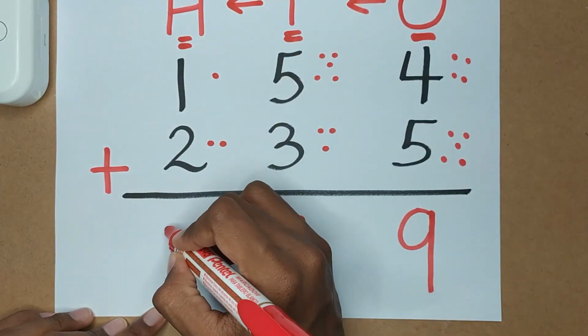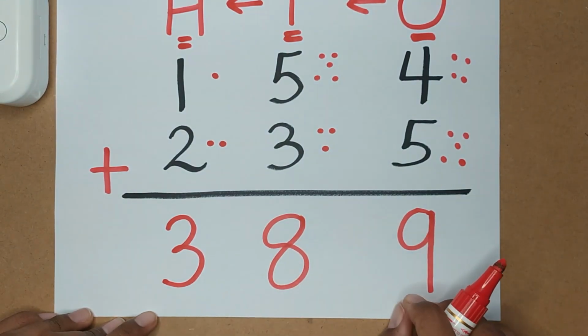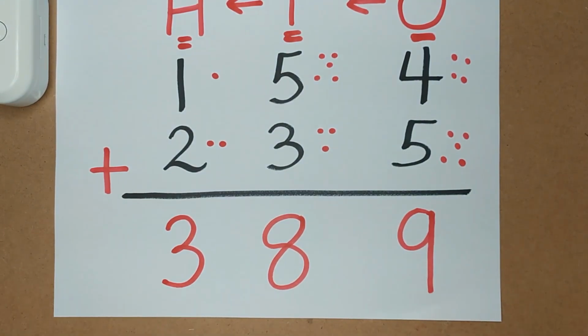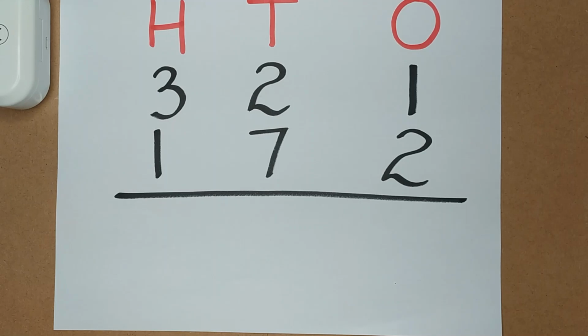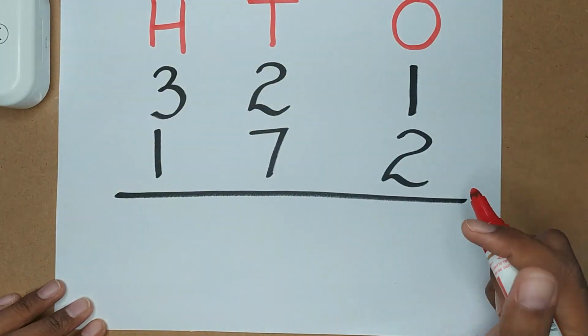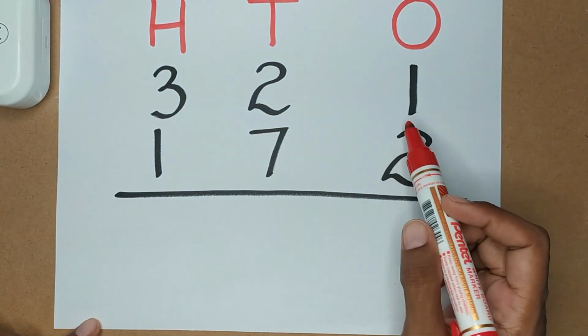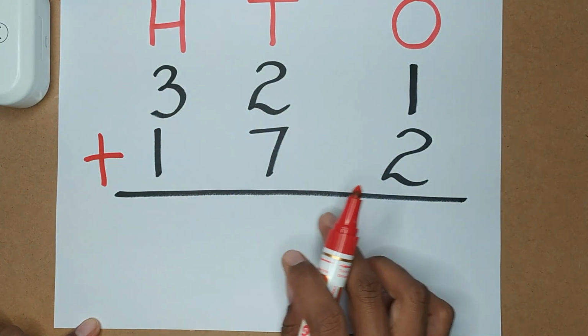And the last one, we have 321 plus 172. We start with our ones column. 1 add 2 gives us 3. When this is complete, there's nothing else to do.